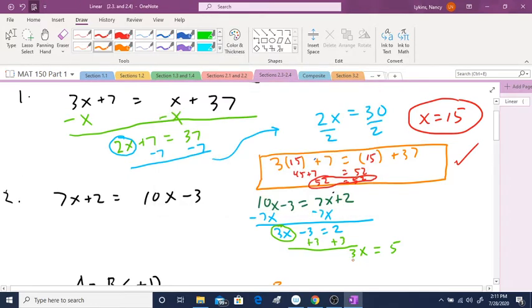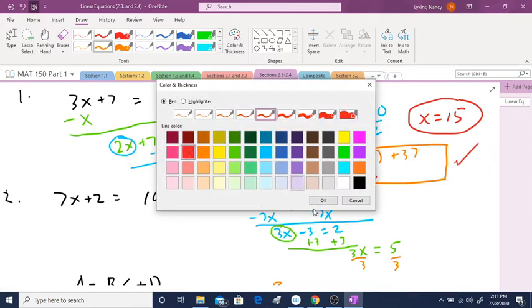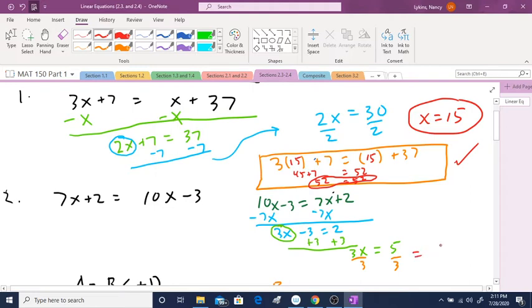And then my last step, since it's 3 times x, you divide. It's the opposite. So your answer is going to be a fraction at this point: x equals 5/3. Depending on what you're asked in your answer, they may say put it in a mixed number or a decimal, so just treat that how they want you to put it.